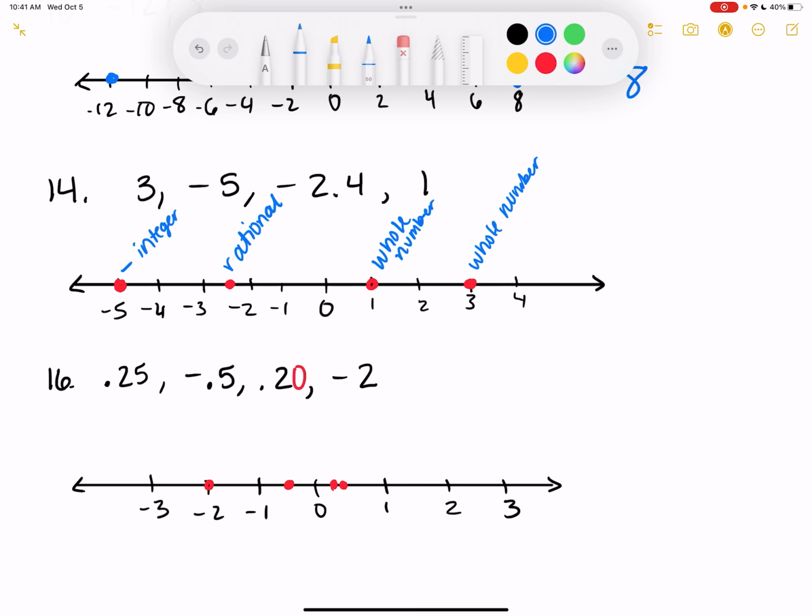So then we need to label the numbers. So what is negative 2? Negative integer. What is minus 0.5? Rational. And then what is 0.2 and 0.25?